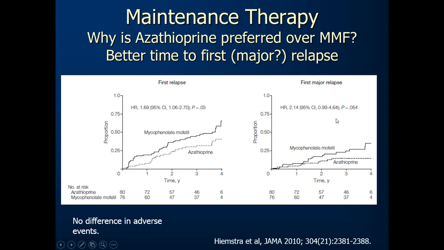So the reason to favor azathioprine over mycophenolate is that the time to first relapse is better when using azathioprine. There was no difference when they looked at adverse events in these patients. There was really no difference.